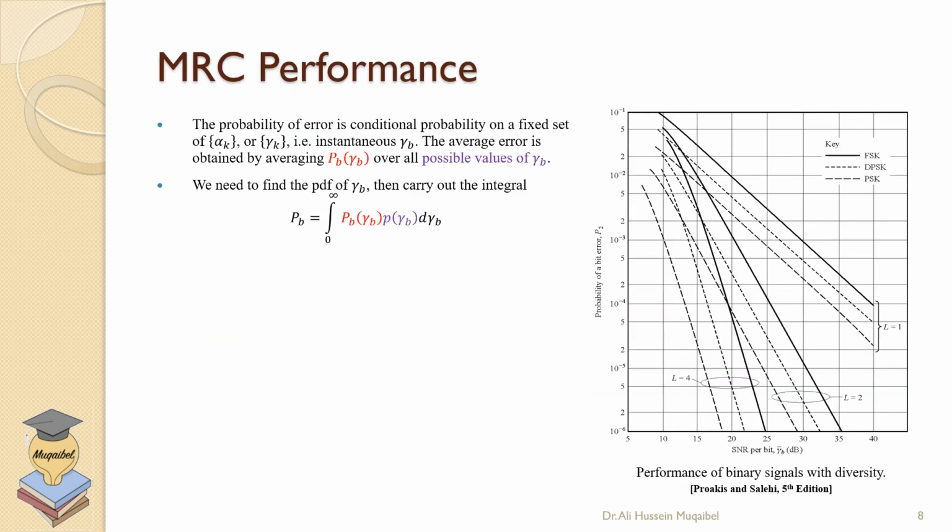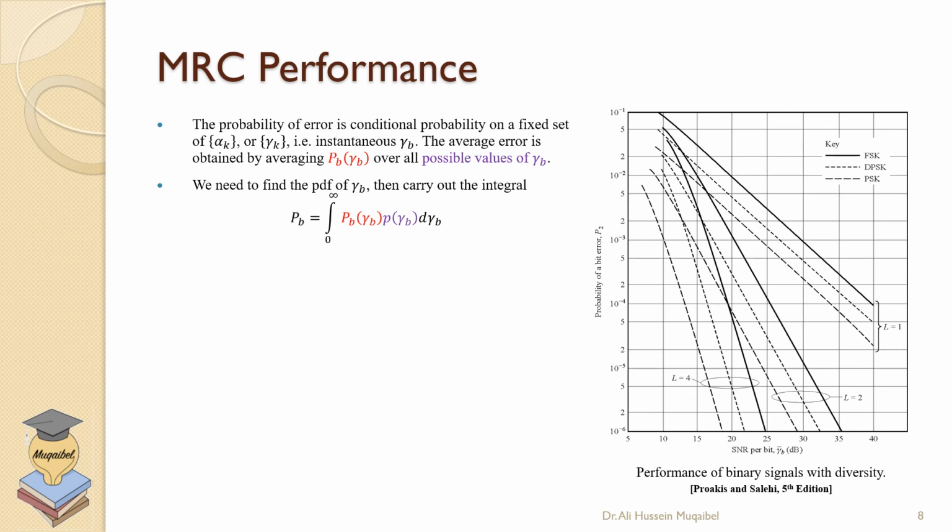So in general, we looked at the outage probability, and we looked at the probability of error. In general, if you want to find the performance, you need two things. We need to specify the modulation. So the probability of error is a conditional probability on the given gammas.